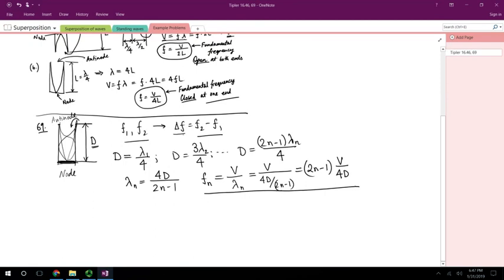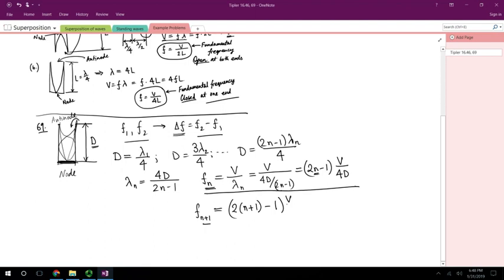We know the difference between two consecutive frequencies, so let's work out the next harmonic after this. We want to work out fn plus 1. That is quite simple, because we can just take the formula for fn and replace n by n plus 1 on the right hand side. So we get 2 times (n plus 1 minus 1) times v over 4d. All I did was wherever n appeared, I put in n plus 1.